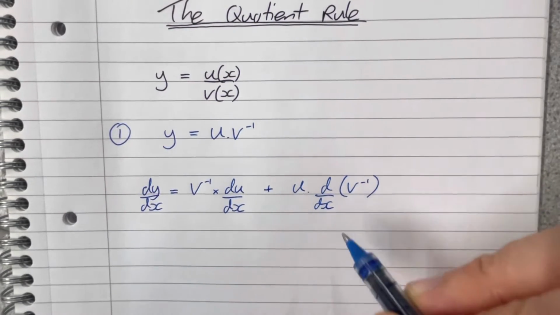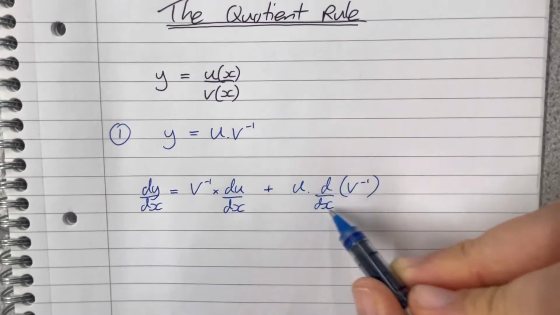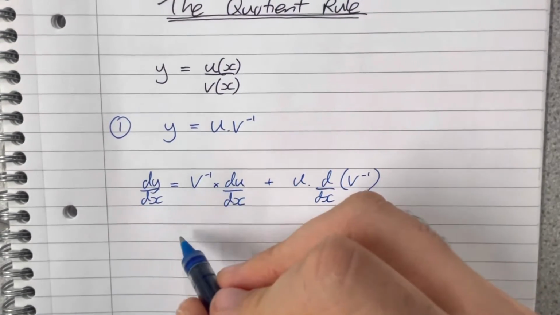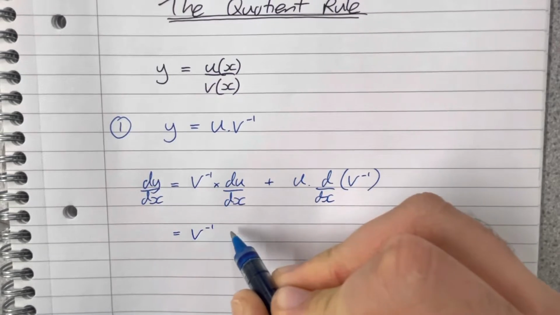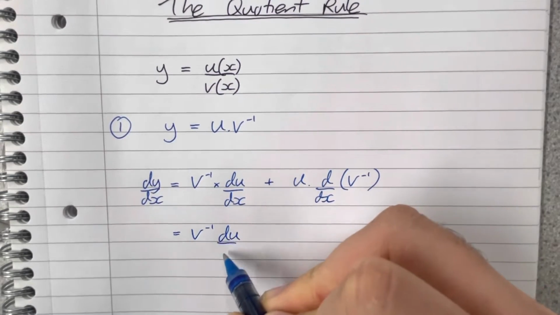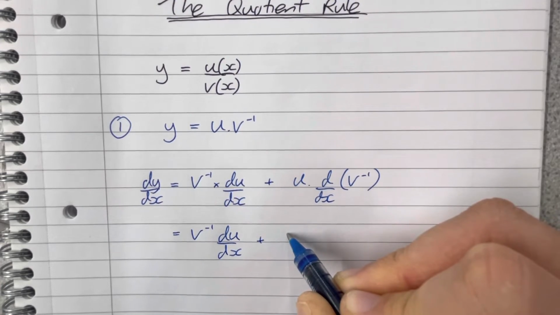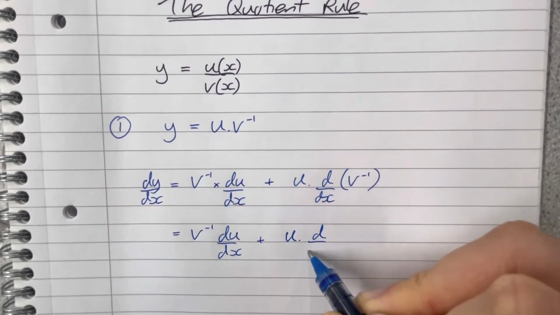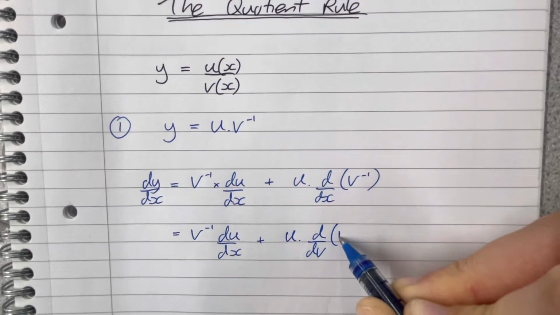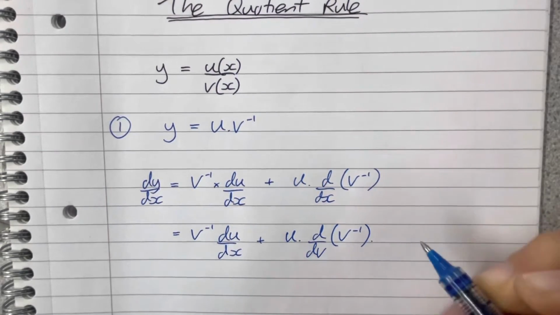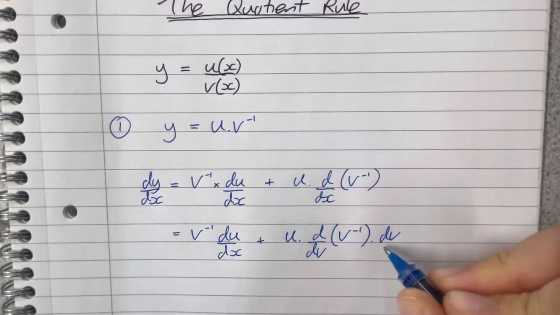So I'm going to use the chain rule on this bit, and I'm not going to differentiate it with respect to x at all. I'm going to differentiate it with respect to v, and then I'm going to times it by dv by dx. So it's going to be u times d by dv of v to the minus 1 times dv by dx.